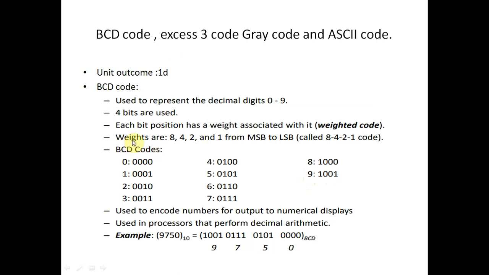See here, in the weightage of BCD code, the regular binary weights are represented as 1, 2, 4, 8 from LSB to MSB.